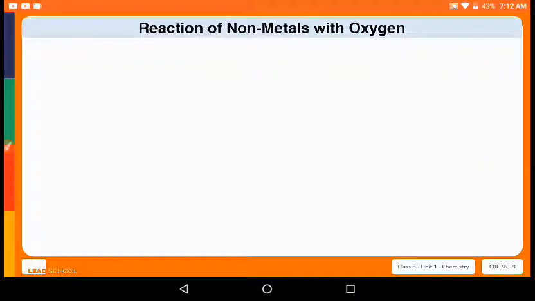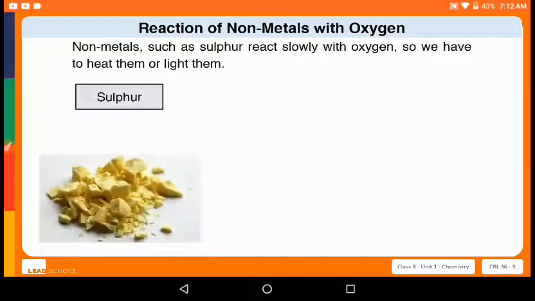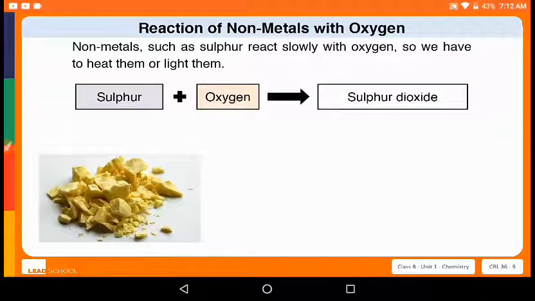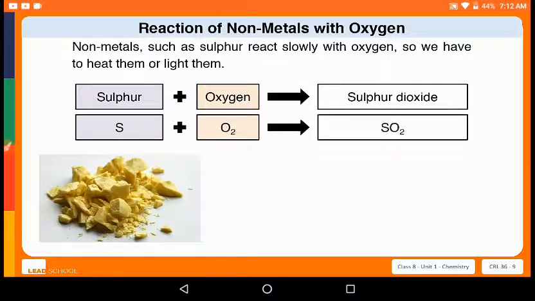Now let us learn about nonmetals. Nonmetals such as sulfur react slowly with oxygen, so we have to heat or light them. Sulfur plus oxygen gives sulfur dioxide, or S plus O2 gives SO2.